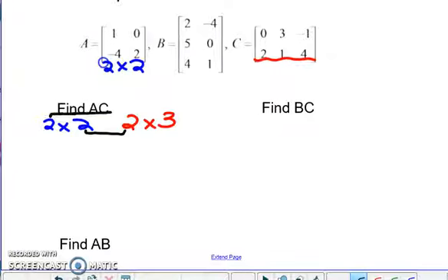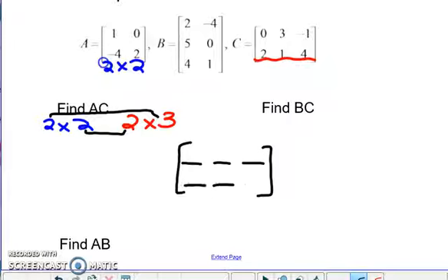My final dimensions are going to be 2 by 3. So I'm going to make a little final matrix here that's a 2 by 3, 2 rows, 3 columns.